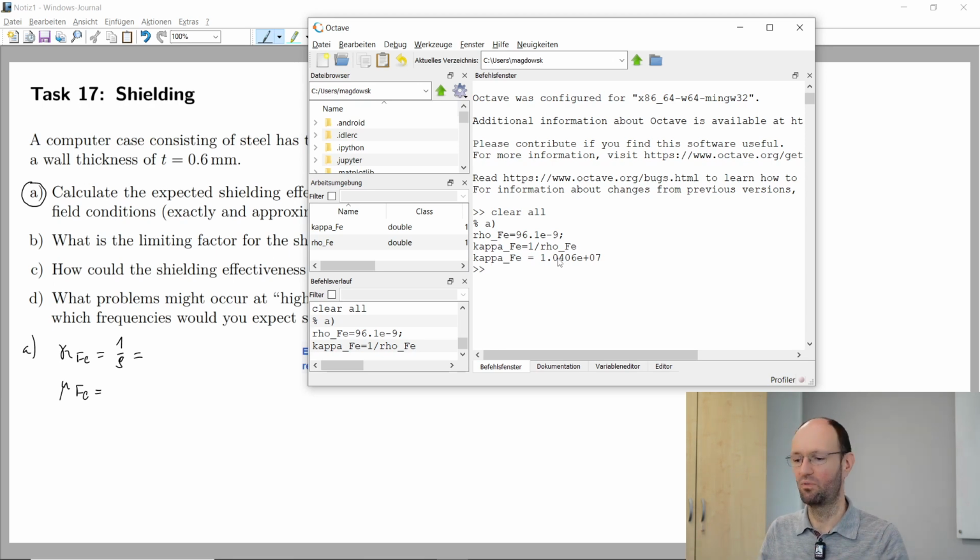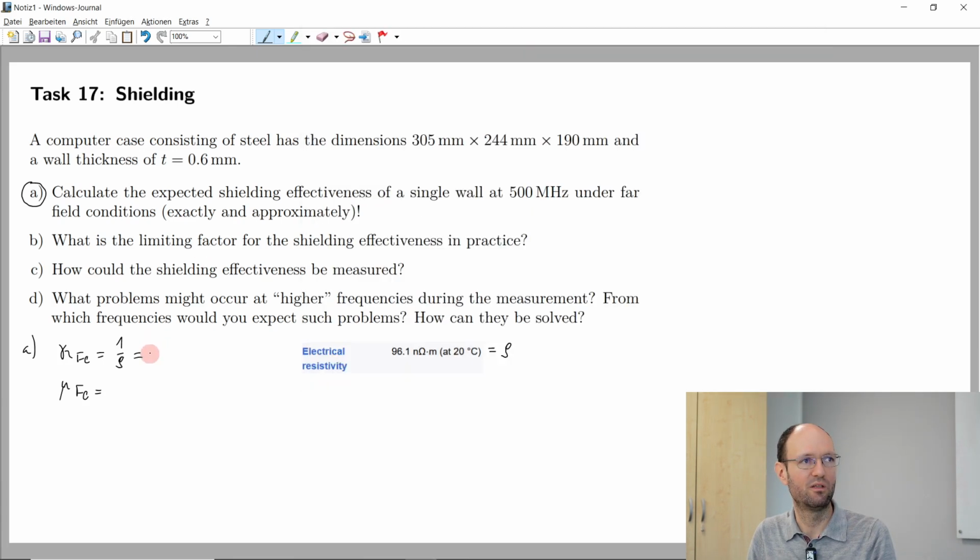So of course it would depend on what type of steel or iron you have exactly. So here we get from our Wikipedia value 10.4 times 10 to the power of 6 Siemens per meter.